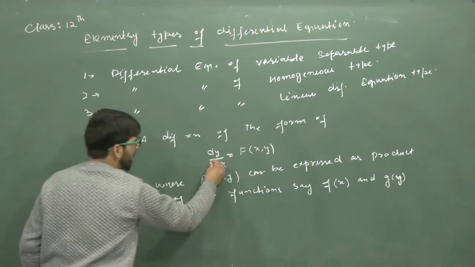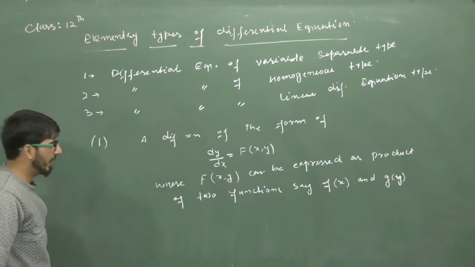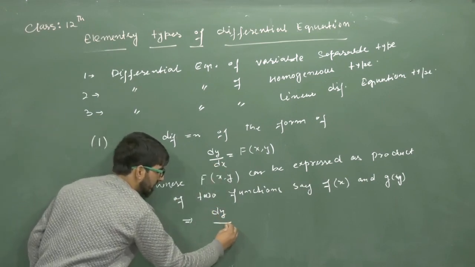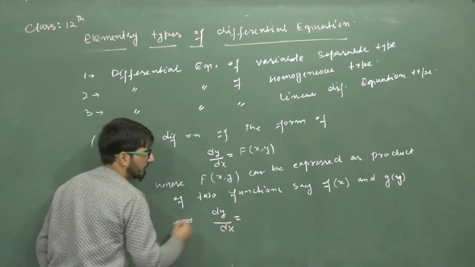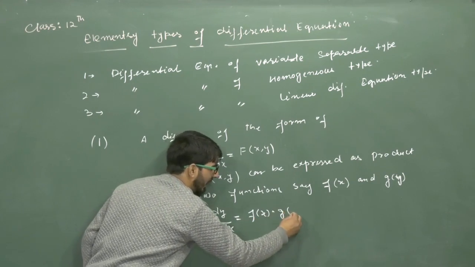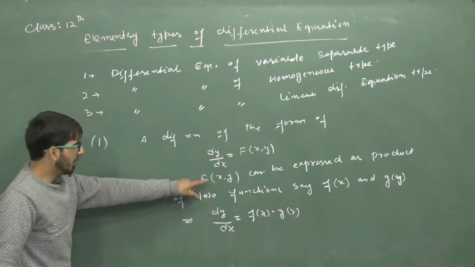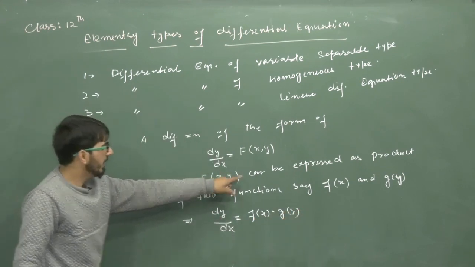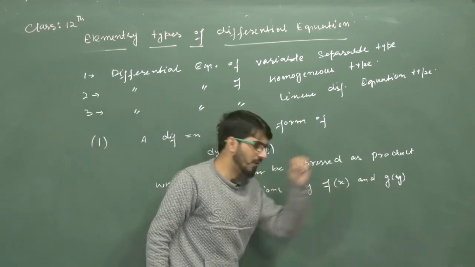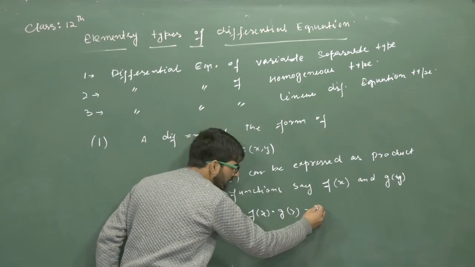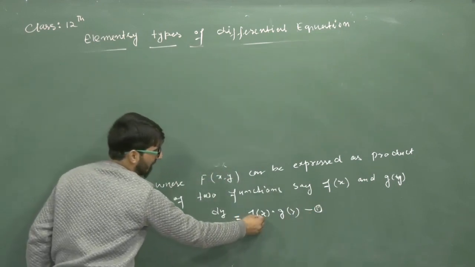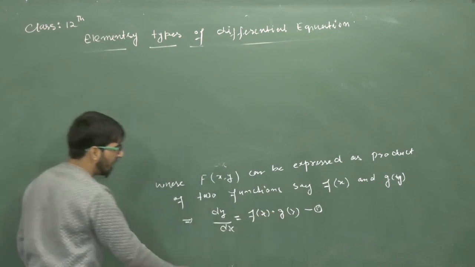Here dy by dx is equal to f of x into g of y, because f of x comma y is the product of two functions, that is f of x and g of y.